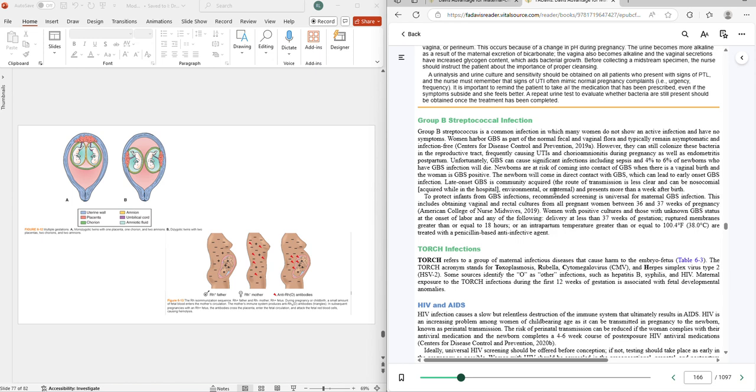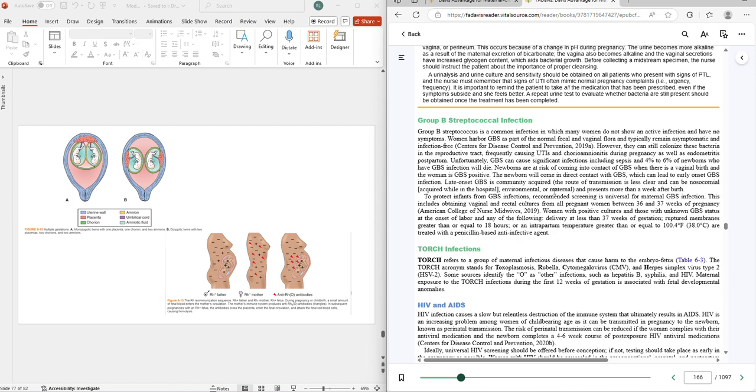But you need to know, once they're positive for GBS, they're always positive. So on their first pregnancy, if they tested positive, their second pregnancy, there's really no need in getting another swab because they're going to treat them anyway. So once they're positive, they're always positive. They'll always get antibiotics during their labor. Okay.